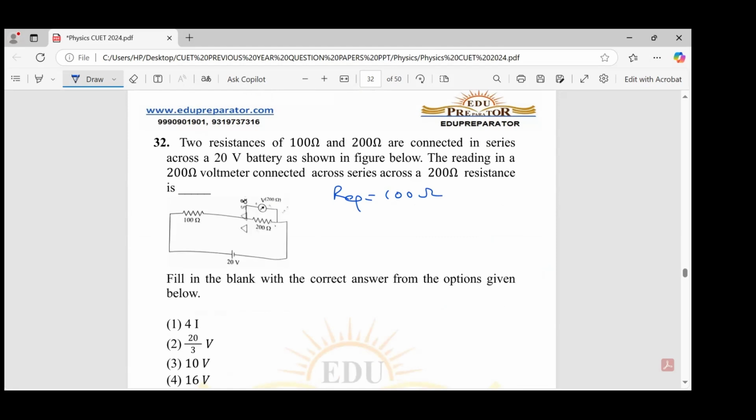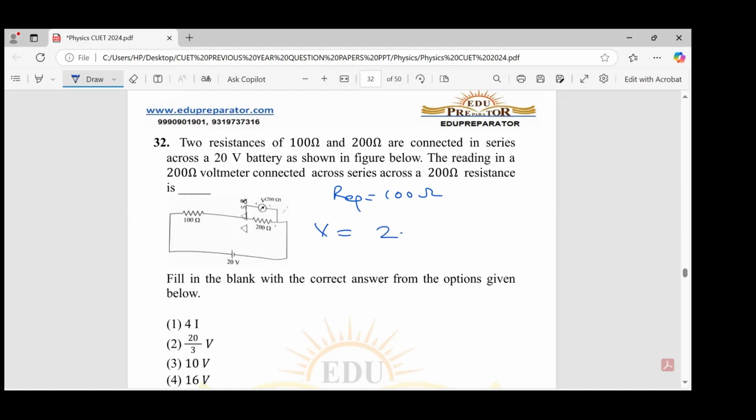Now the 100 ohm which is connected in the circuit, and the 100 ohm of the voltmeter and the resistor across which it is connected, so we get the net resistance can be simplified to 200 ohm. Now this question says we are having two resistances, 100 ohm and 200 ohm, in series with a 20 volt battery. So what will be the voltmeter reading?